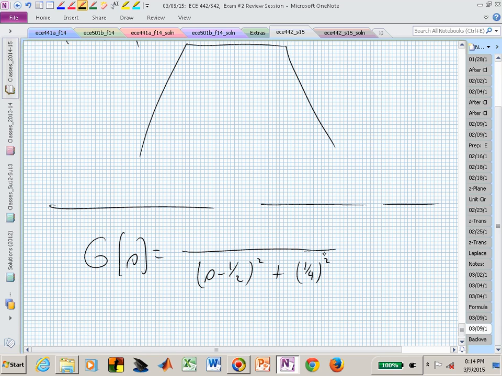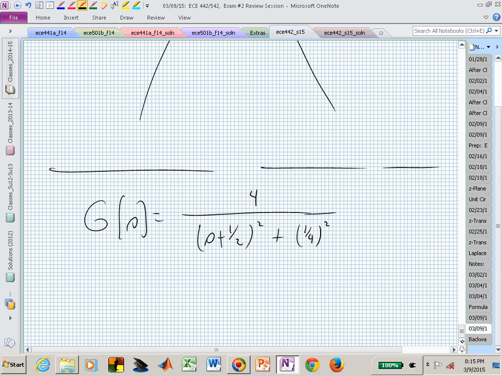I'm really not being very creative, am I? Actually, I don't want this. What would this system be? Unstable, wouldn't it? So let me do that. I want it to have poles in the negative plane, and now let's say that this ended up being 4 or something. How many zeros at infinity do I have?